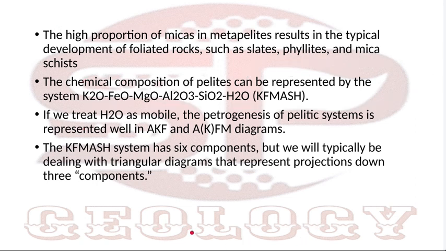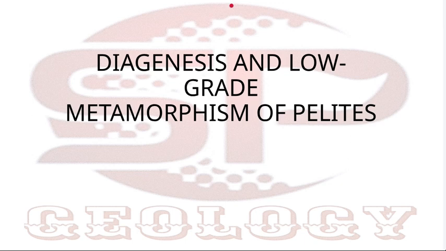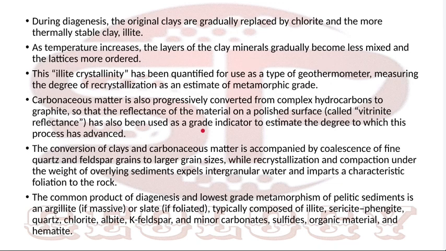For the growth of this sequence, we represent them in an AFM diagram. Have you studied the AFM diagrams or not? We'll first continue with diagenesis and low-grade metamorphism of pelites.